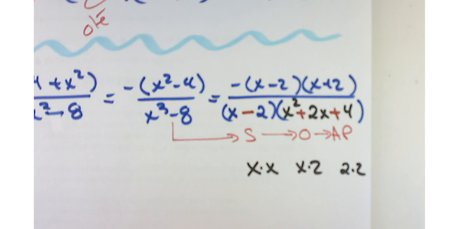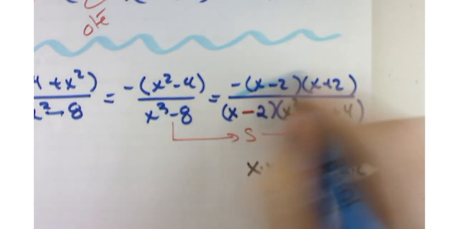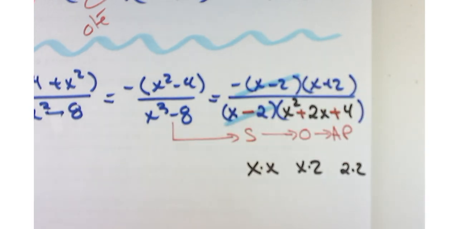Wow, a lot of work for not a whole lot of gain here, right, Ace? Is there anything I can do now? Is there any simplification I get? Cancel the x minus 2. It's all that cancels.